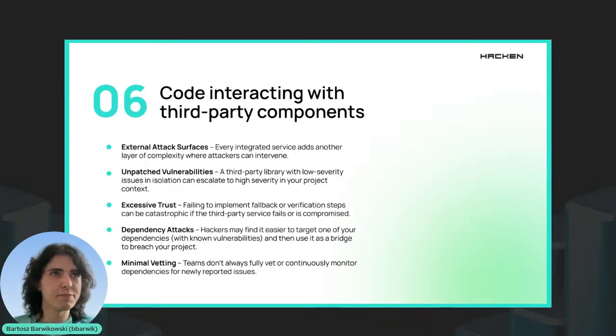Okay, the next place: interacting with third-party components. When you are using third-party libraries, it's very easy to make a mistake and use them incorrectly, and it especially applies to cryptography. Many developers assume by default that the other package or library is safe.